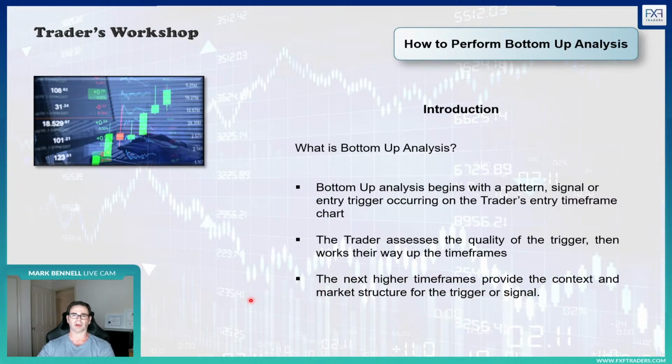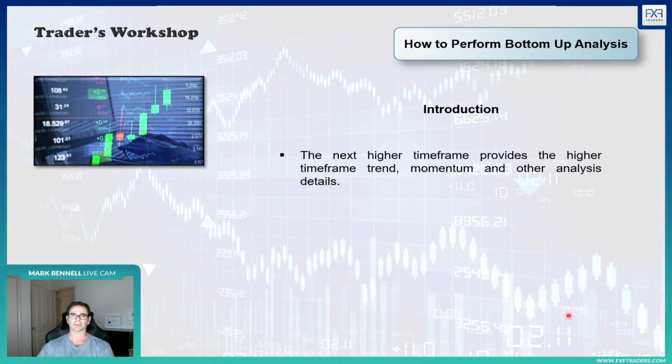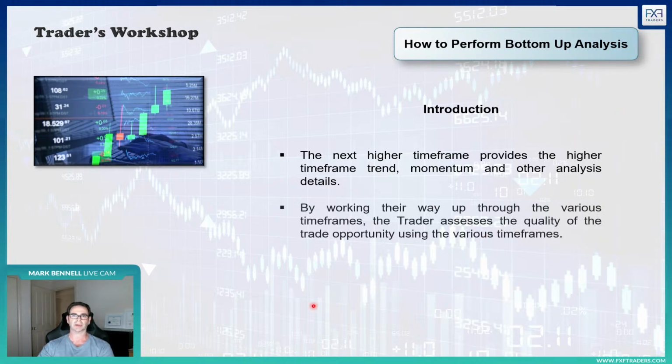The next higher time frames provide the context and market structure for the trigger or the signal. The next higher time frame provides the time frame trend, momentum and other analysis details. Because we've all heard that a signal is only as good as the context that it is appearing in.